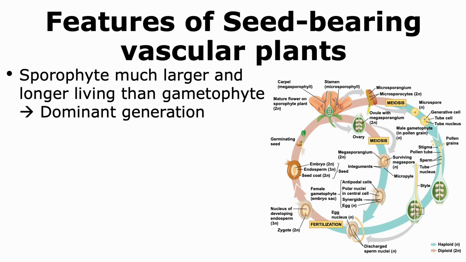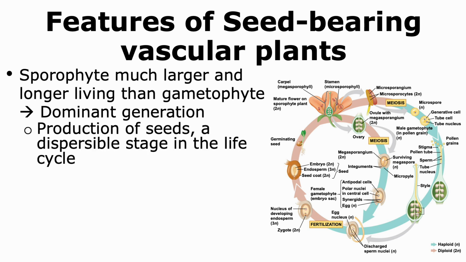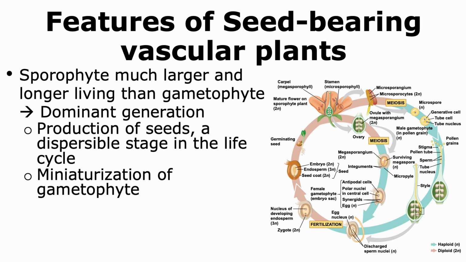In all seed-bearing vascular plants, the sporophyte is the dominant generation. The seeds represent a dispersible stage in the life cycle of the plant. All seed-bearing vascular plants also show a miniaturization of the gametophyte. Let us take the example of a flowering shrub.